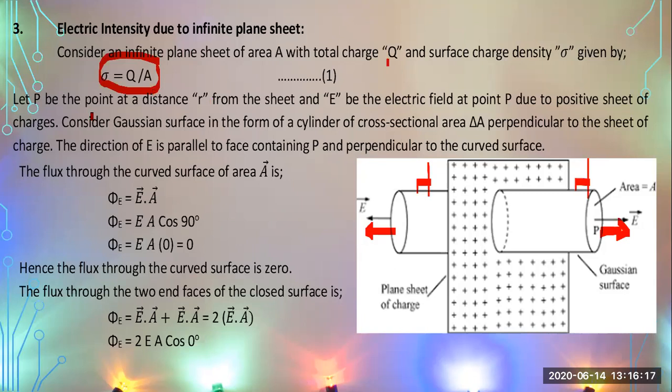Let P be a point at a distance r from the sheet, and E the electric field intensity at that point. This is point P outside the charge surface, and E is the electric field intensity due to the positive charge sheet.